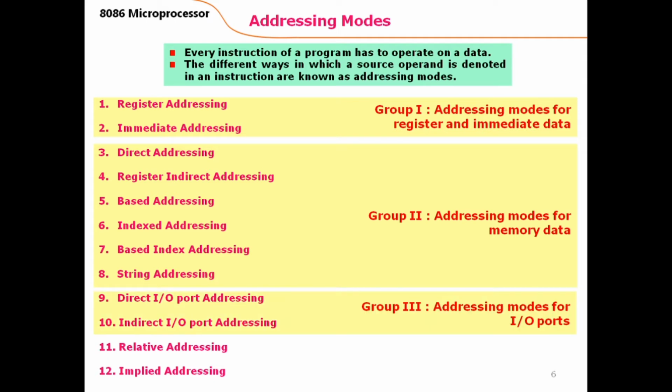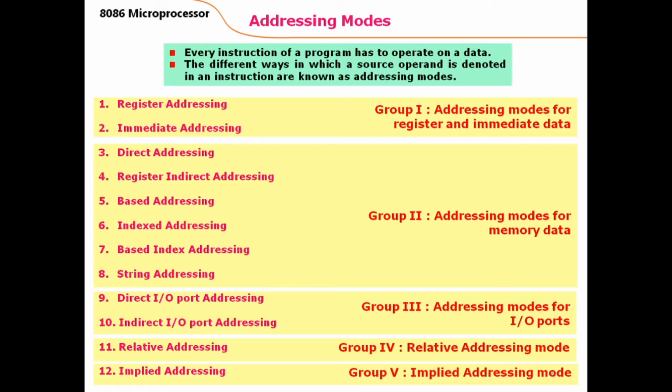And the third group of addressing modes involve direct or indirect I/O port addressing, input and output port addressing. In the fourth group, there is relative addressing mode, and in the final group, there is an implied addressing mode.